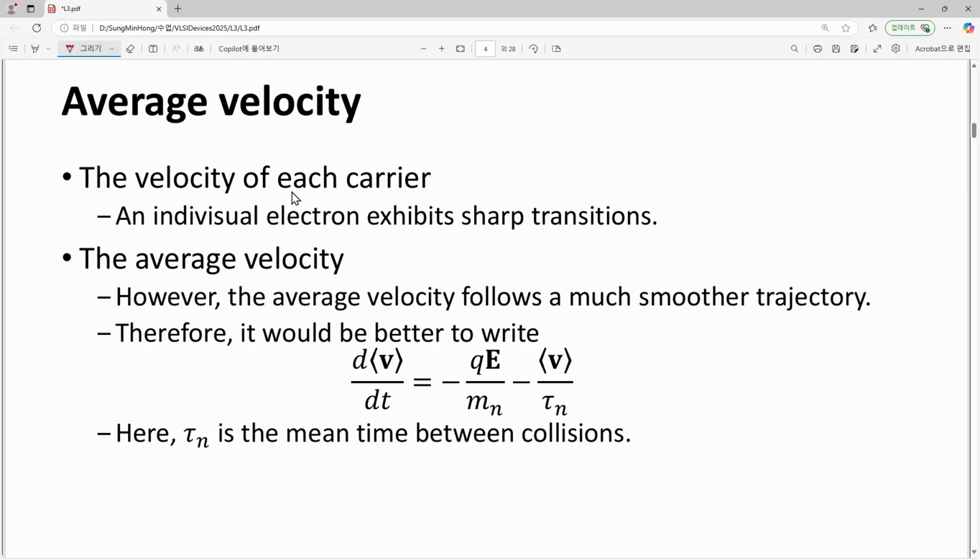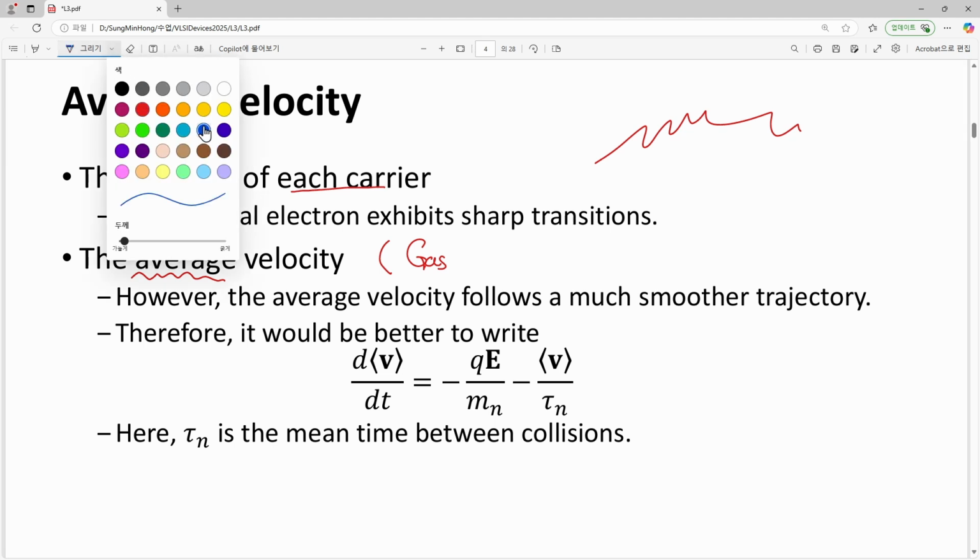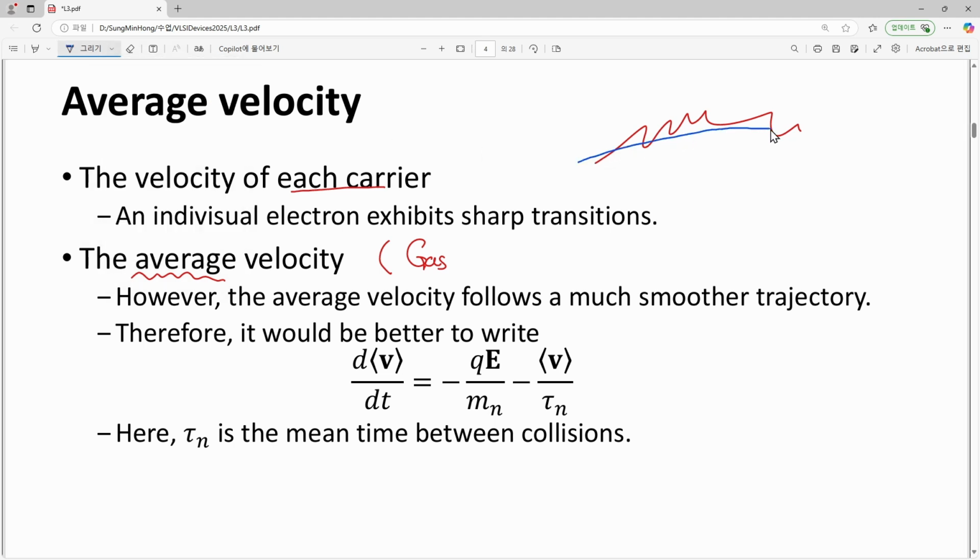The velocity of each carrier can show sharp transitions, because every time a scattering event happens, it will lose a considerable amount of velocity, in other words momentum. However, if we consider the electron gas, a set of many electrons, then their average velocity is not sharply changing, but shows smooth behavior.